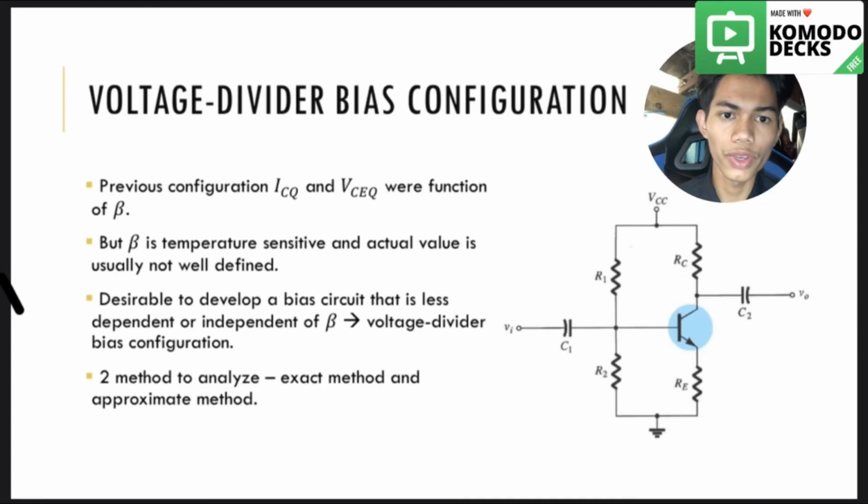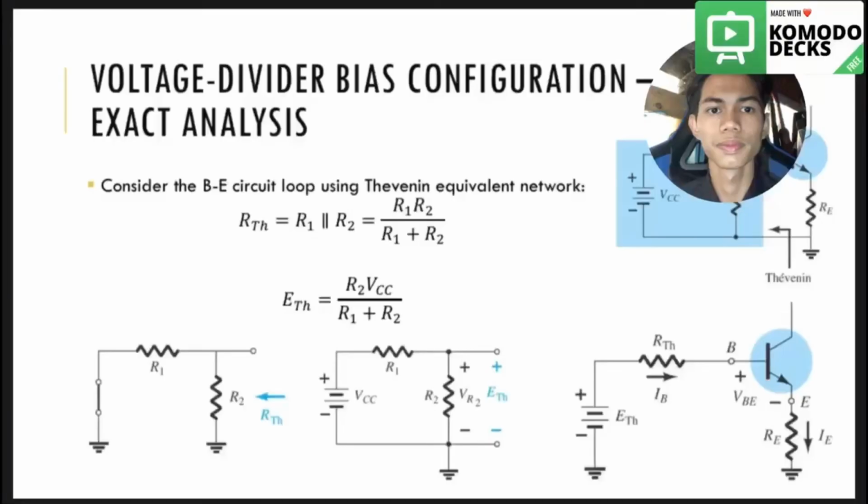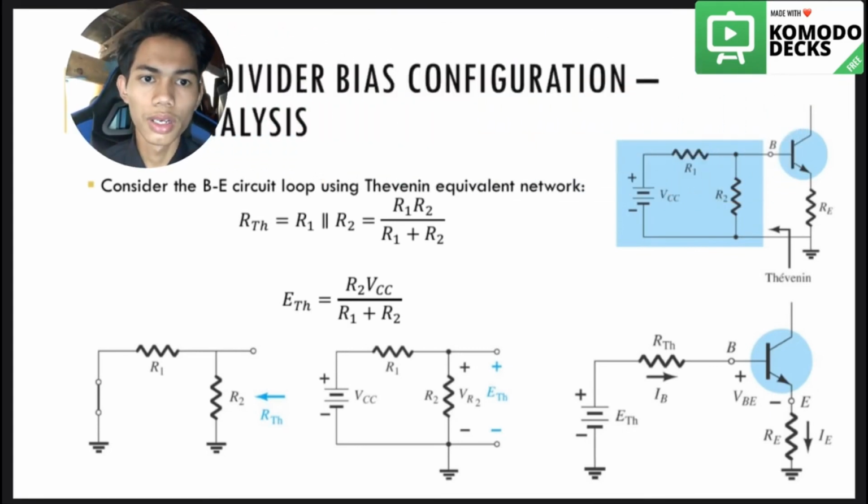Voltage divider bias configuration. Two methods to analyze: exact method and approximate method. Voltage divider bias configuration exact analysis. Consider the BE circuit loop using Thevenin equivalent network.